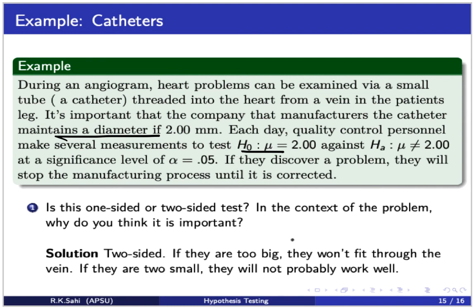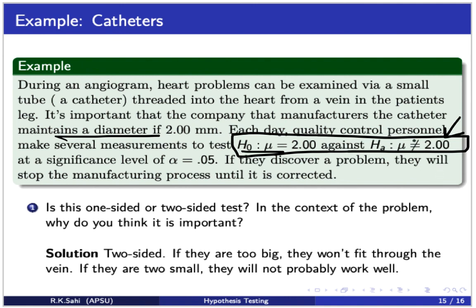So here in front of us is our hypothesis. The moment you look at this one, the question is, is this a one-sided or two-sided test in the context of the problem? And why do you think it is a problem? First of all, it has been given to us. The problem already gives us the null and the alternative.